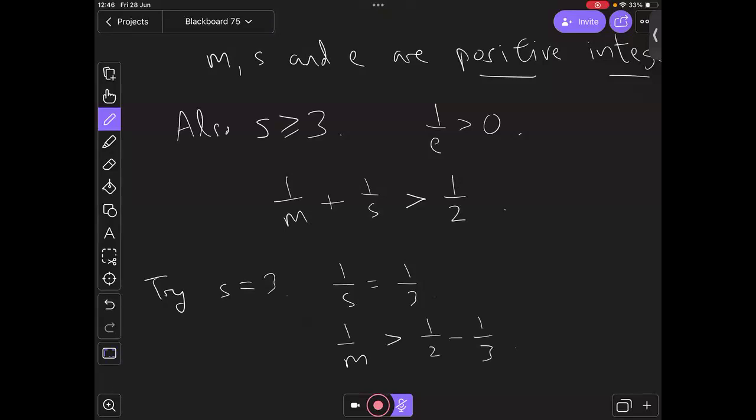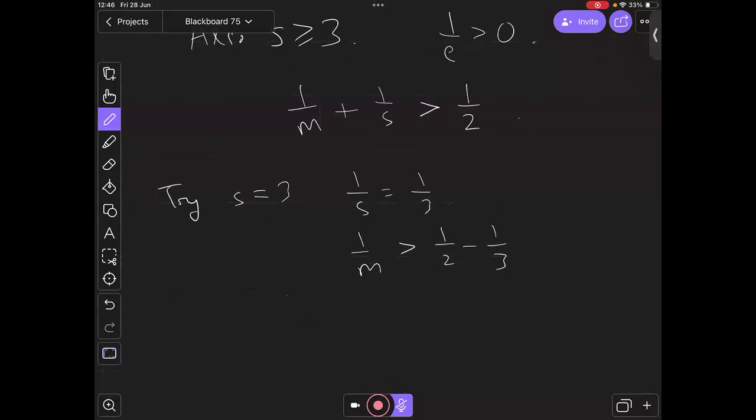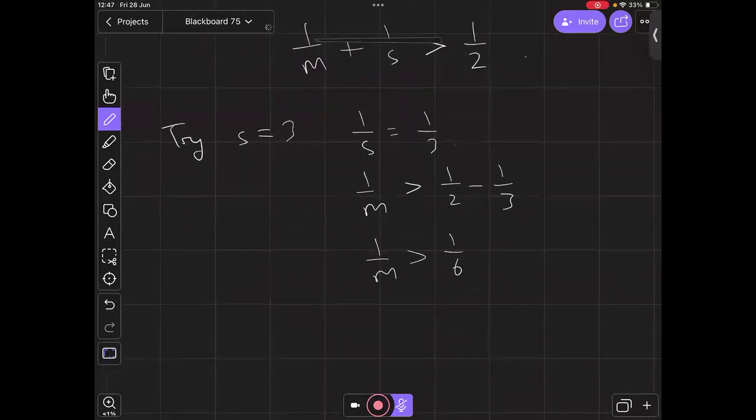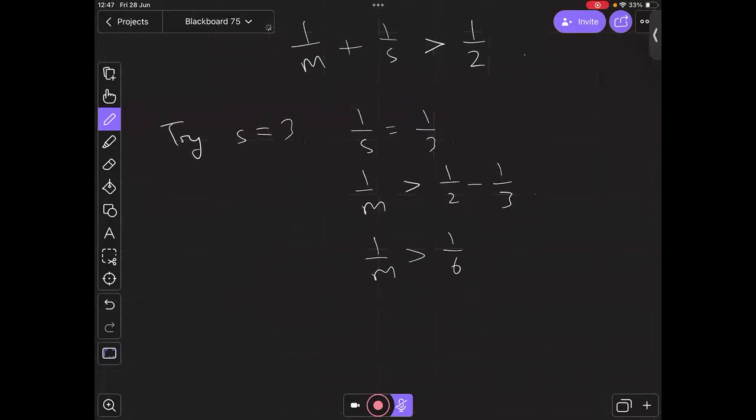So that means that 1 over M has to be bigger than 1 over 6. Everyone agree? Which means M has to be less than 6. Of course, M has to be bigger than 0. So those are the only possibilities for M if S is 3.